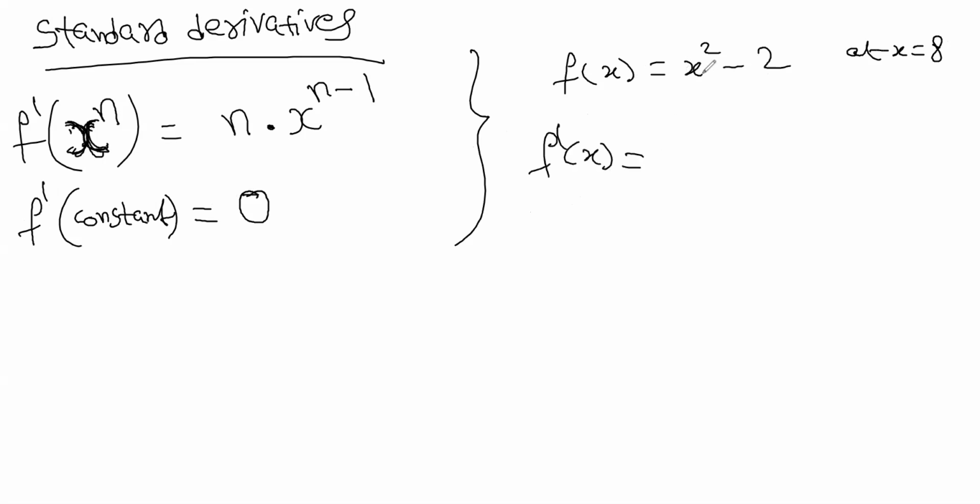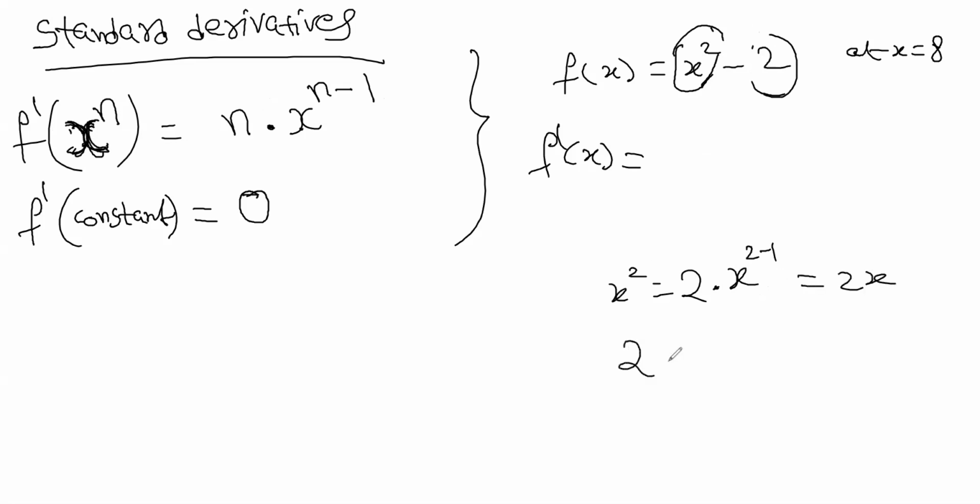When it is addition or subtraction, you have to differentiate both separately: x square and 2. By this formula, differentiation of x square is 2 into x to the power 2 minus 1, so 2x.